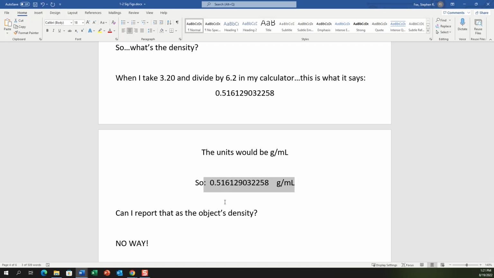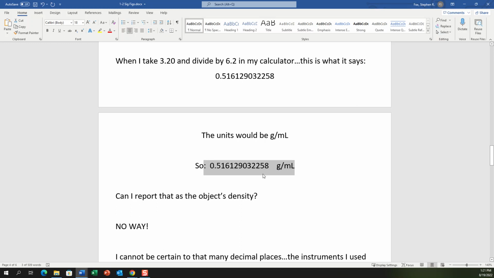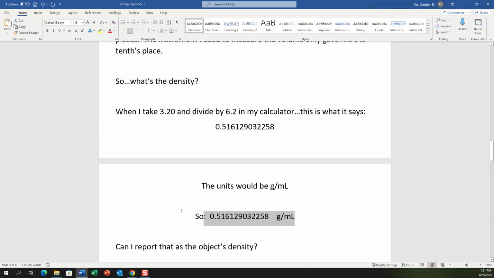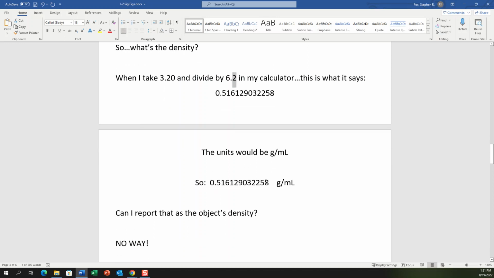No, you can't report that. Why? Because the measurements you used to get that value for the density only had this certainty. This measurement had to the 100th place. This measurement had to the 10th place. So how are you going to be certain to whatever place this is? I don't even know what it's called.